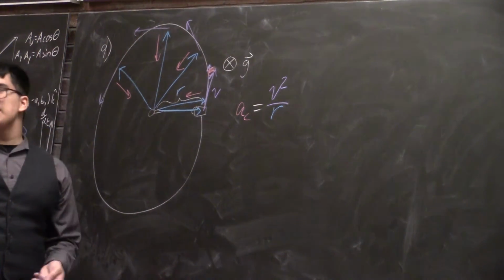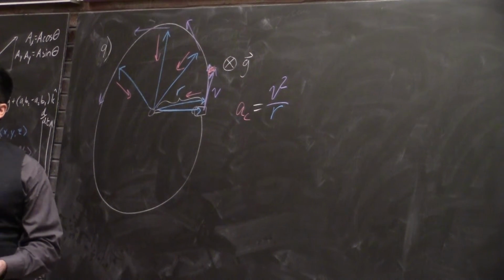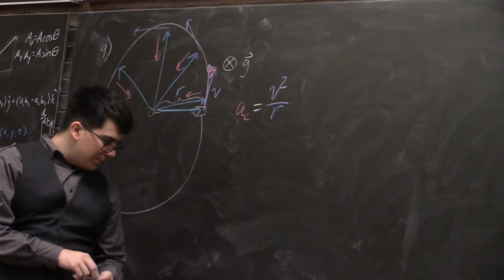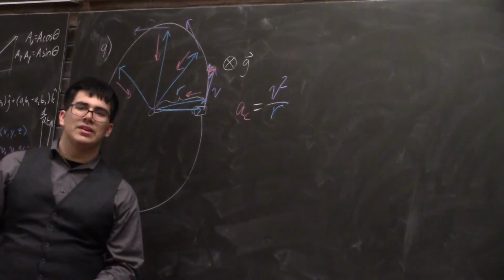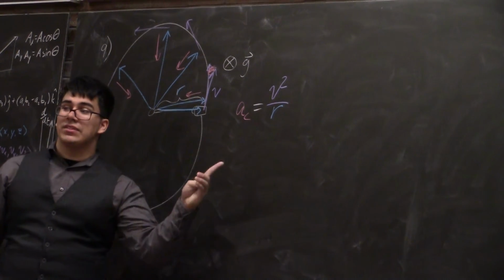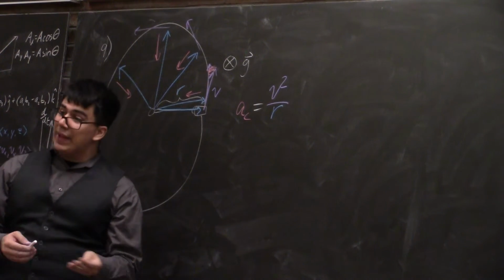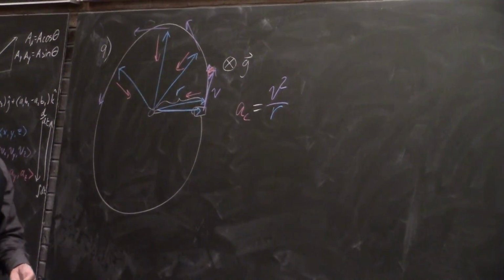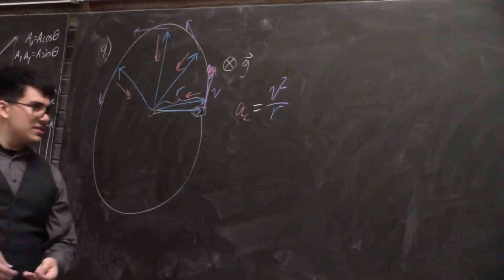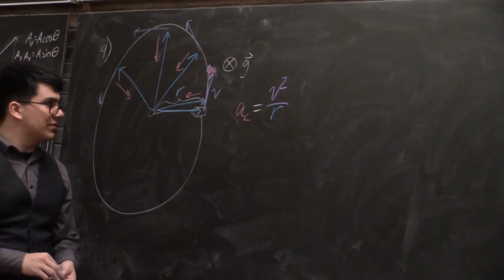This is some definition that we can talk about, but we're not going to really delve into rotational variables until later on. So I want you to take this on faith for now. There will be more about this as time progresses. But for now, just kind of trust me. This is just how we define centripetal acceleration.